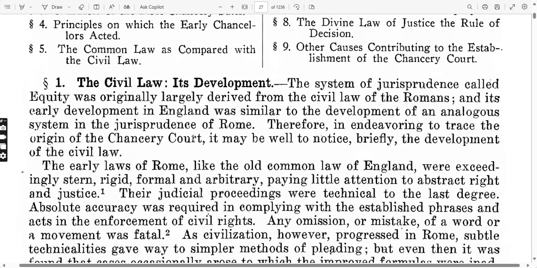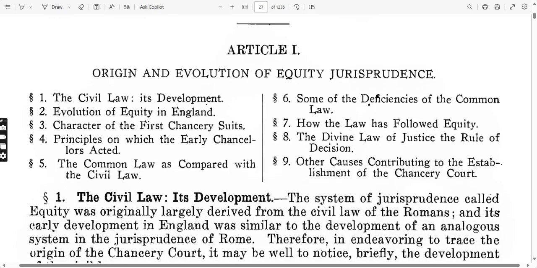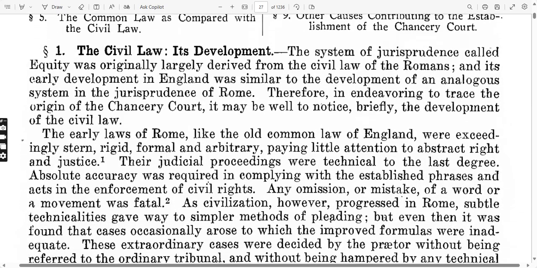Okay, and all of this. So let's start. Again, this is Article 1. The civil law, its development. The system of jurisprudence called equity was originally largely derived from the civil law of the Romans, and its early development in England was similar to the development of an analogous system in the jurisprudence of Rome.